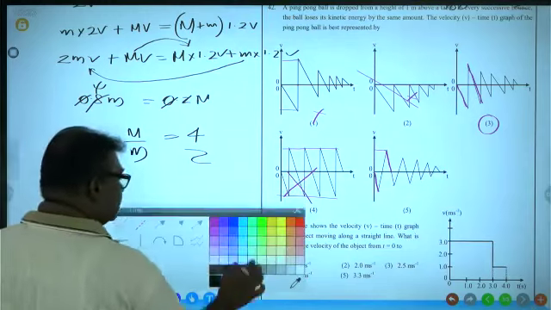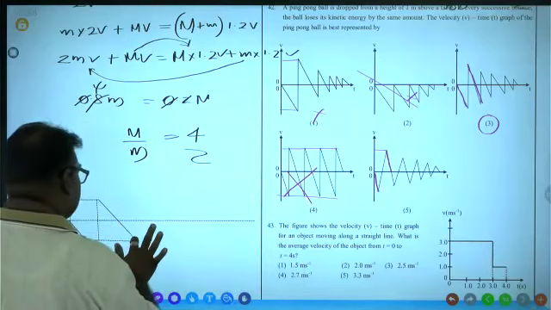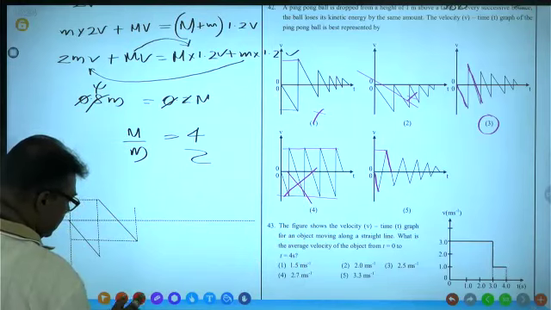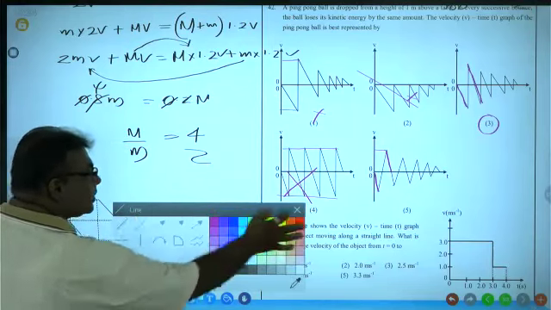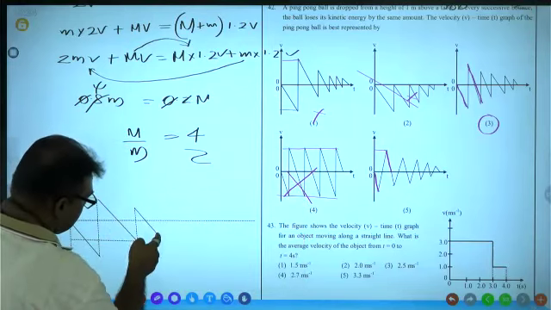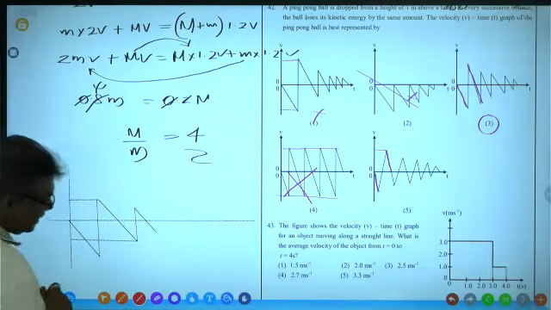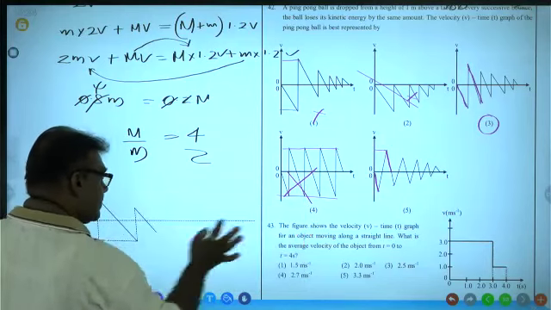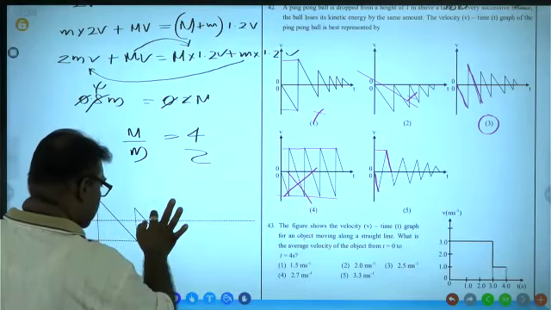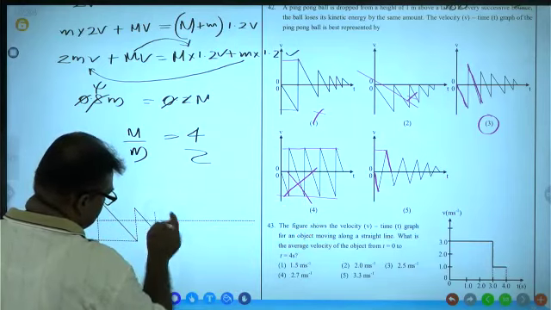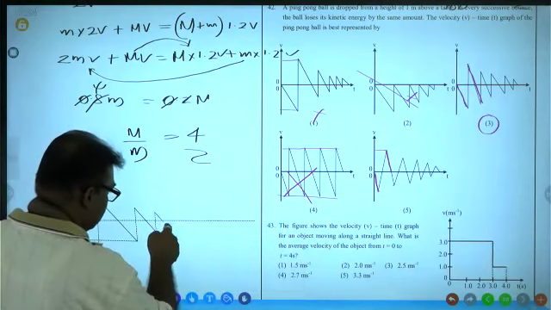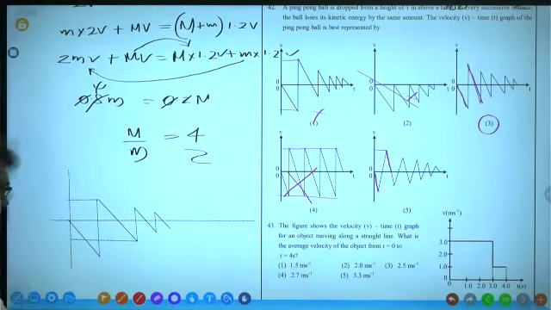Next, the reflected one takes place like this. It decreases here, and then from here it should be noted down again like this. This portion and this portion should be equal. And gradually, the time taken should also be reduced.